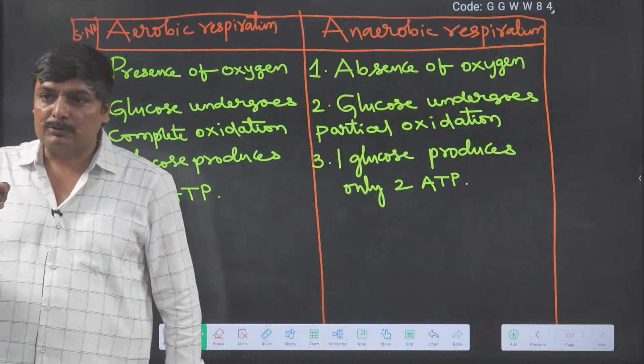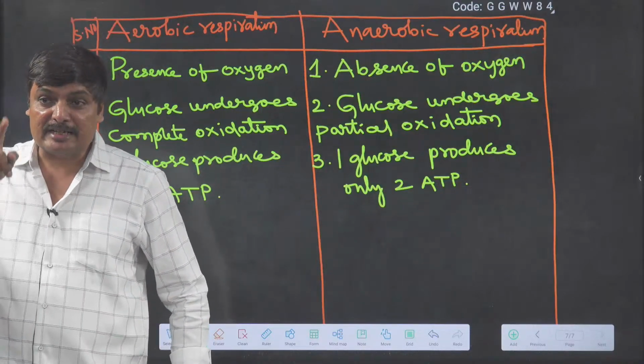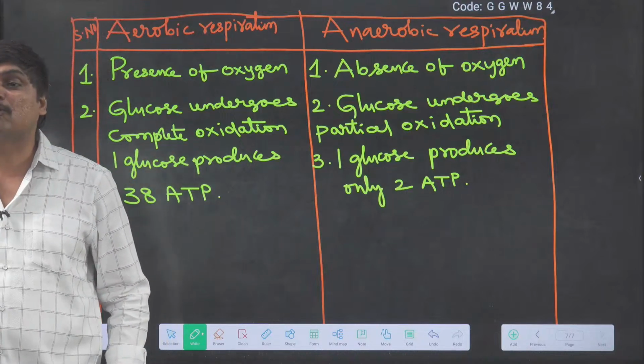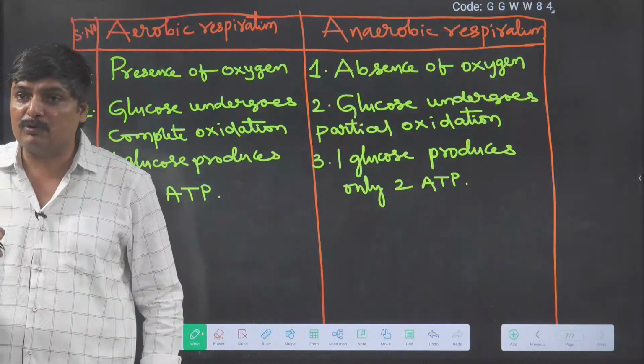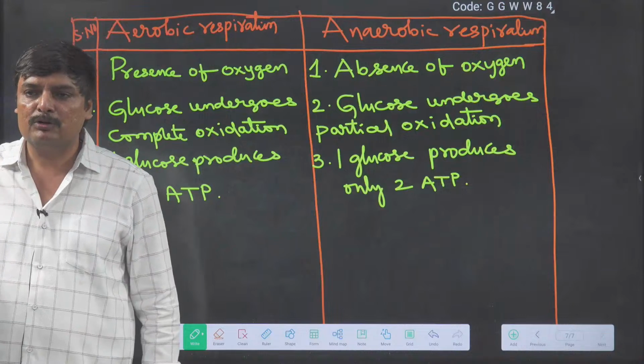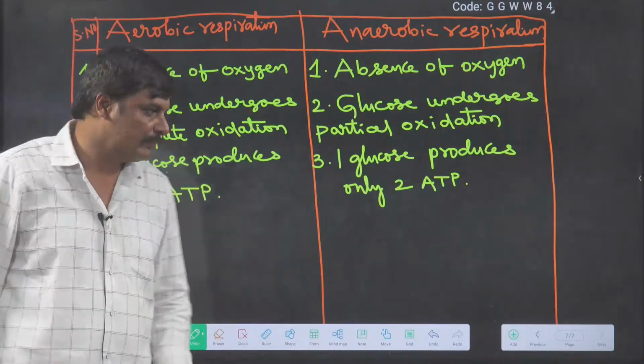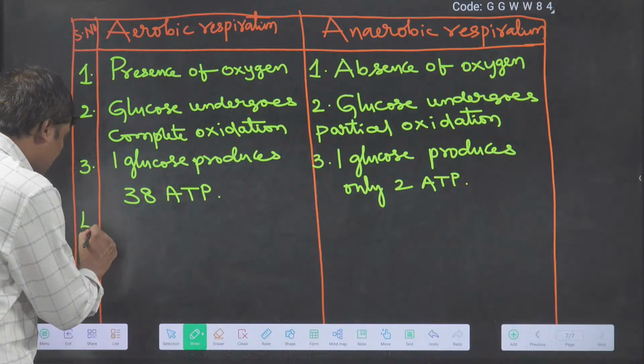Okay, 38 by 2. So aerobic respiration is 19 times more efficient than anaerobic respiration, because the same amount of glucose produces 38 ATP here, only 2 ATP there.